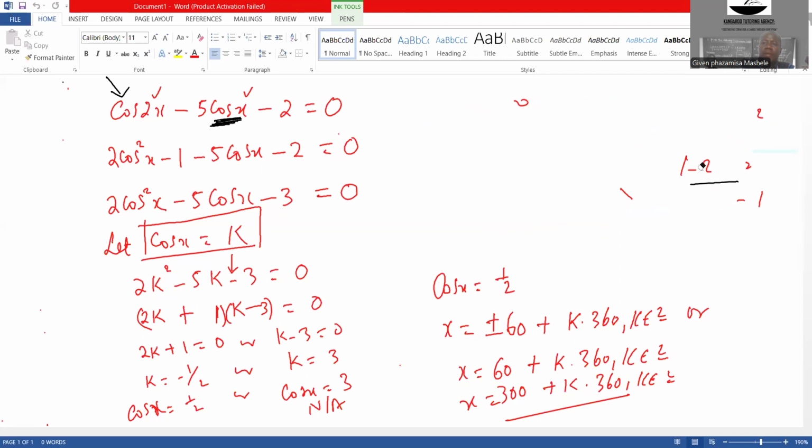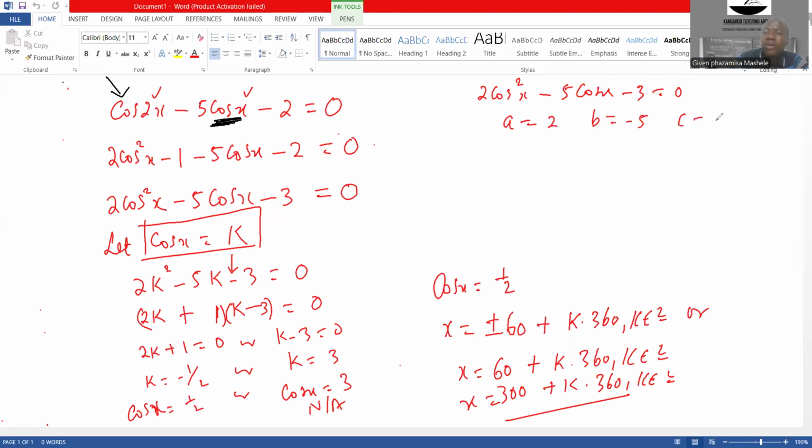Another way, guys, remember, you need to come up with different approaches. If you don't know how to factorize, or you find that it takes time, you can go straight to other things. You have 2 cos squared x minus 5 cos x minus 3 equals 0. Already this is in that form, so a is 2, b is minus 5, and c is minus 3.